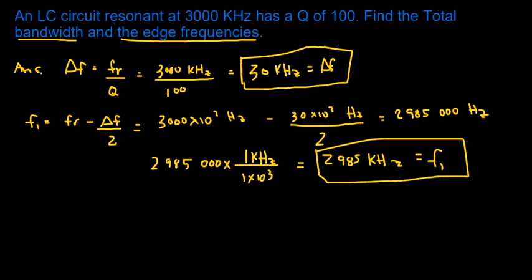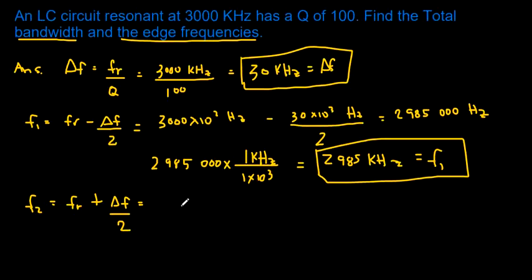Okay, so next is yung ating F2. So sa F2 natin again is FR, resonant frequency, plus yung ating bandwidth over 2. Okay, so tatandaan nyo yung minus at saka plus kasi yun yung edges nila.